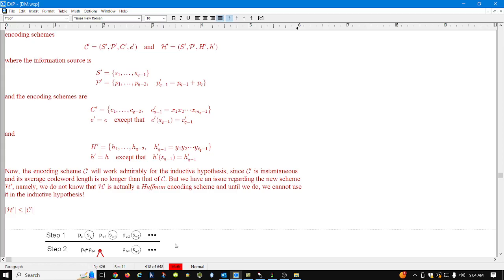But in order to make that conclusion, C prime is fine, it's an instantaneous encoding scheme, but H prime must be a Huffman encoding scheme. And while it turns out it is, that's not so easy to show.